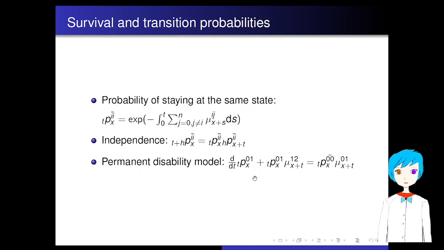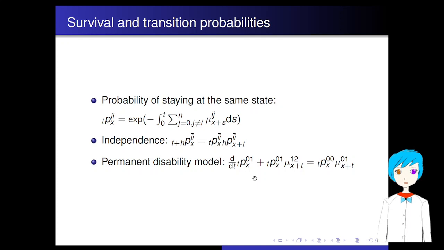Also, for the Markovian property, we can decompose the probability that the insured life stays in state i for the time interval t plus h to be the probability that the insured life stays in state i for time t, times the probability that the insured life stays in this state i for another time h.